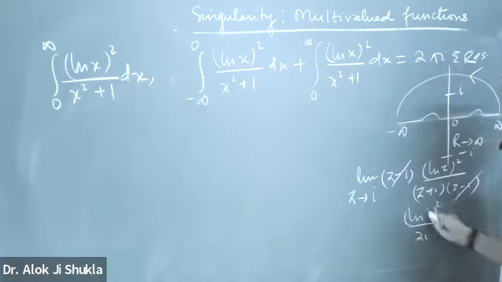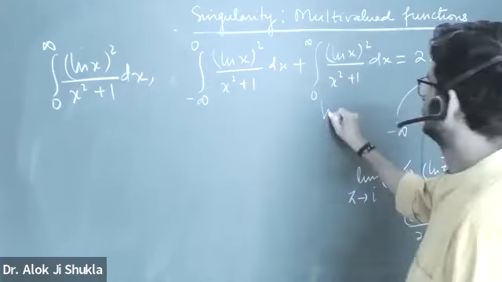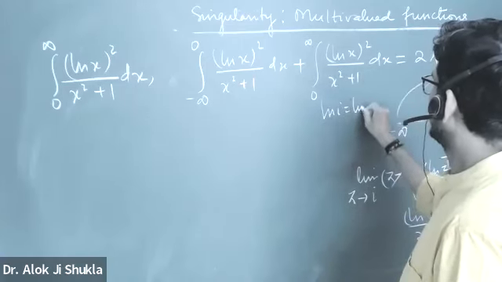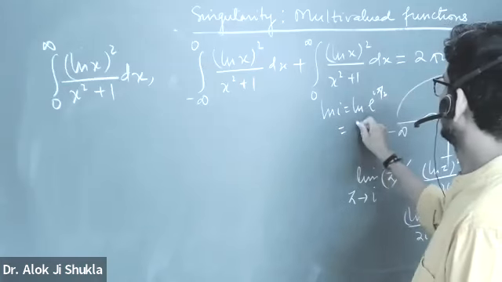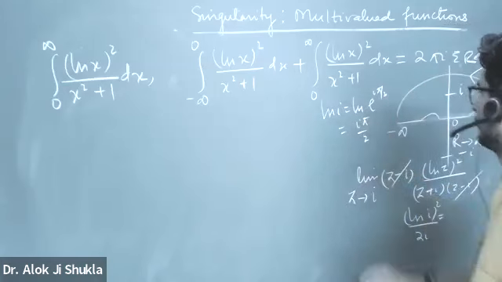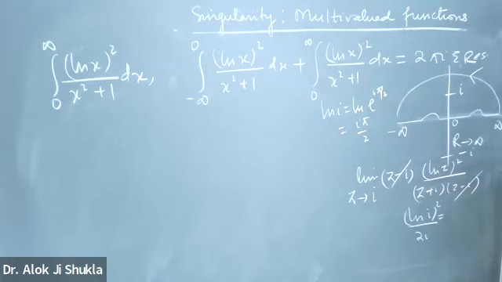Okay. Now log of iota is log of e to the power I pi by 2, which is I pi by 2. Are you getting this? So it will be minus pi square by 8 iota. Watch carefully.